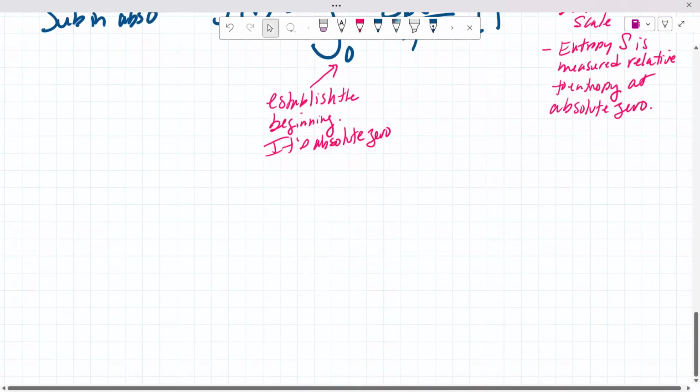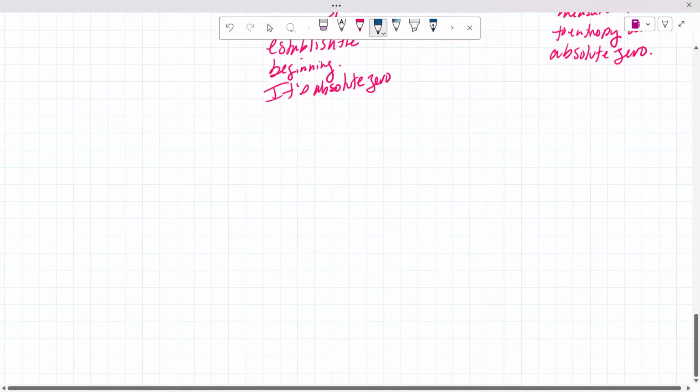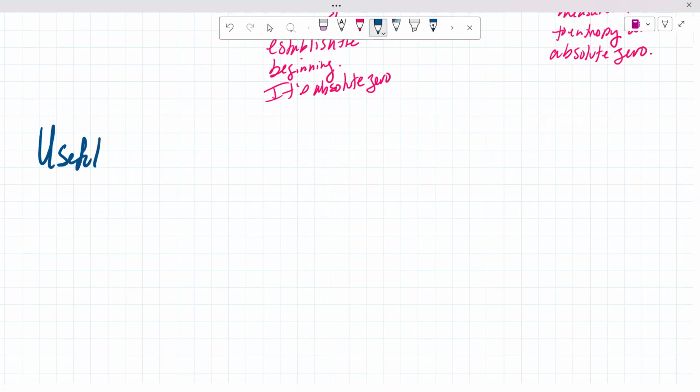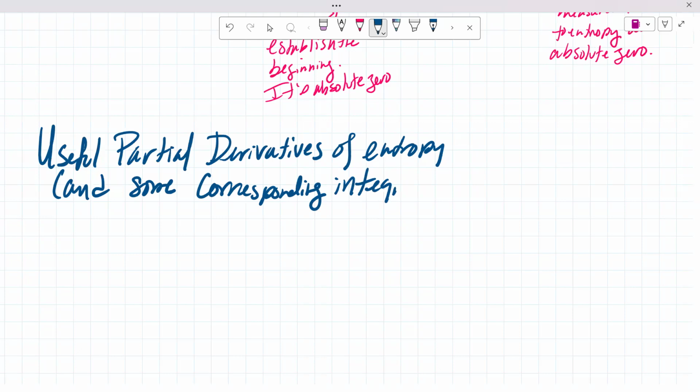So I'd like to provide you with this little table, which I think you will find helpful: useful partial derivatives, as opposed to unuseful ones, and some corresponding integrals for heat capacity.